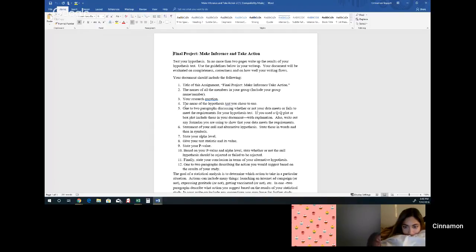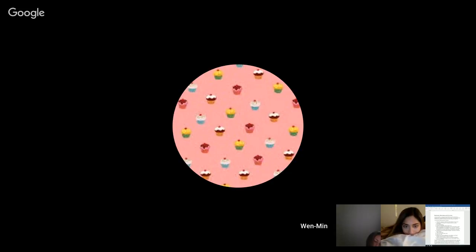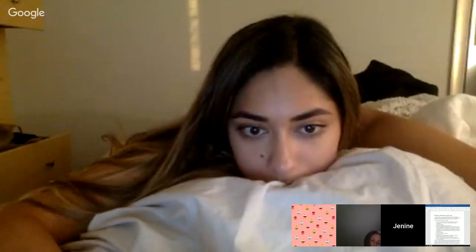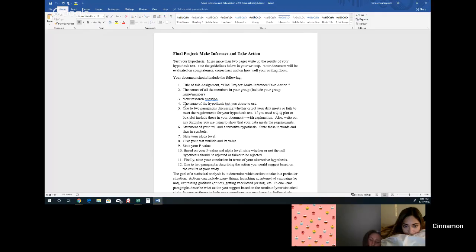Like just the standard 95% confidence level? Yeah. Let's just do that. Give your test statistic and its value. State your p-value. Based on your p-value and your alpha level, state whether or not the null hypothesis would be rejected or failed. Okay, so I'm going to put this on the Google Docs. We need to pull it up anyway so that we can look at our data.